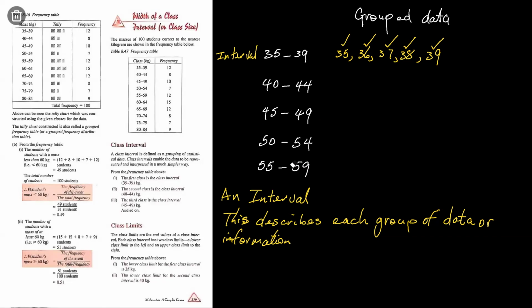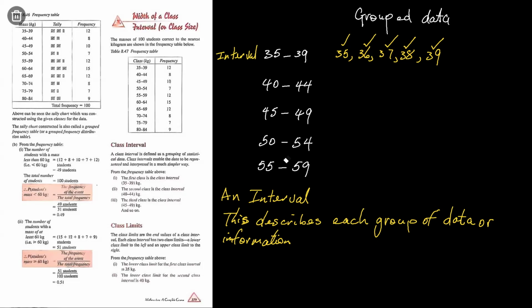Now, each interval has a limit, how far you're going to go, where the group begins and where the group ends. So your end values, that's called a limit.